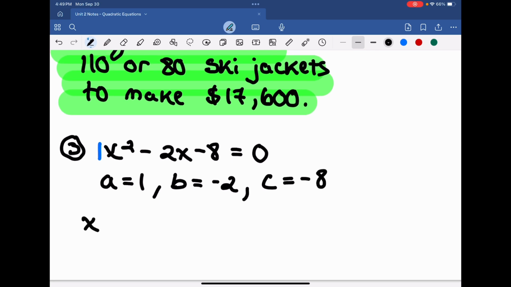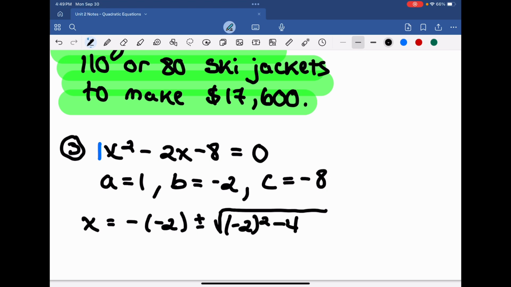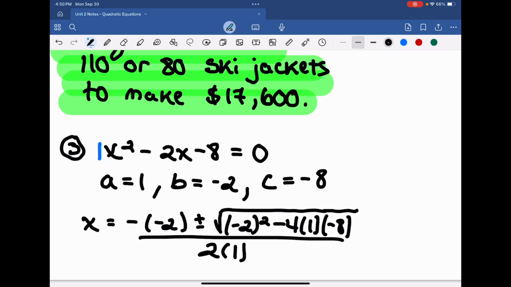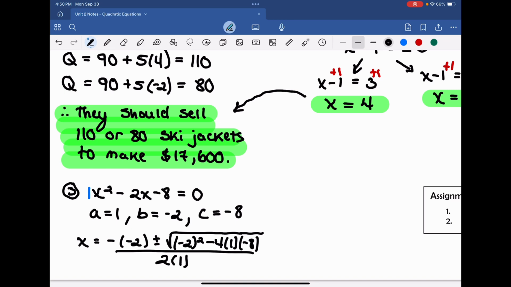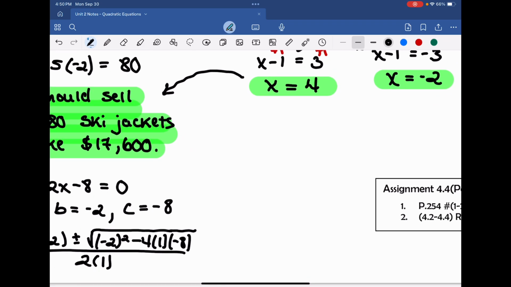Now when we go to our quadratic formula, it's x is equal to negative the b value plus or minus the square root of negative 2 squared, which is b, minus 4 times 1, which is a, times negative 8, which is c, all divided by 2 times the a value, which is 1. Now, let's see what type of room I have. Yeah, I'm going to bring it up here.